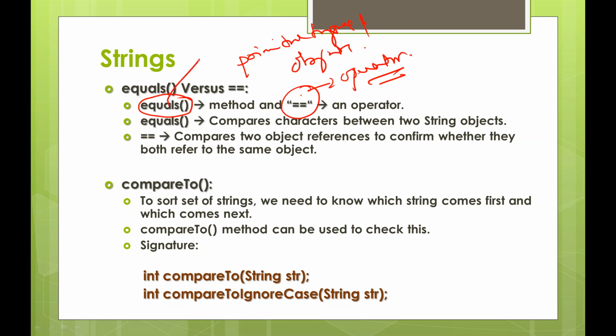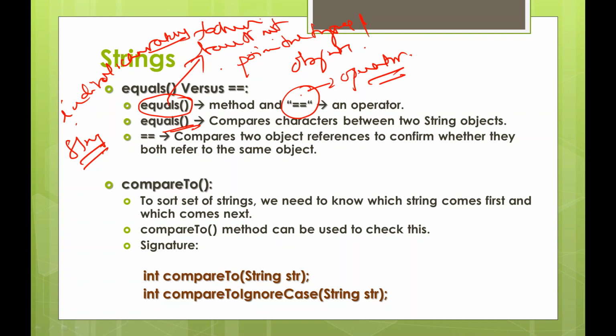In the case of the equals method, when you apply it to your string objects, it compares individual characters to check whether both strings are the same or not.